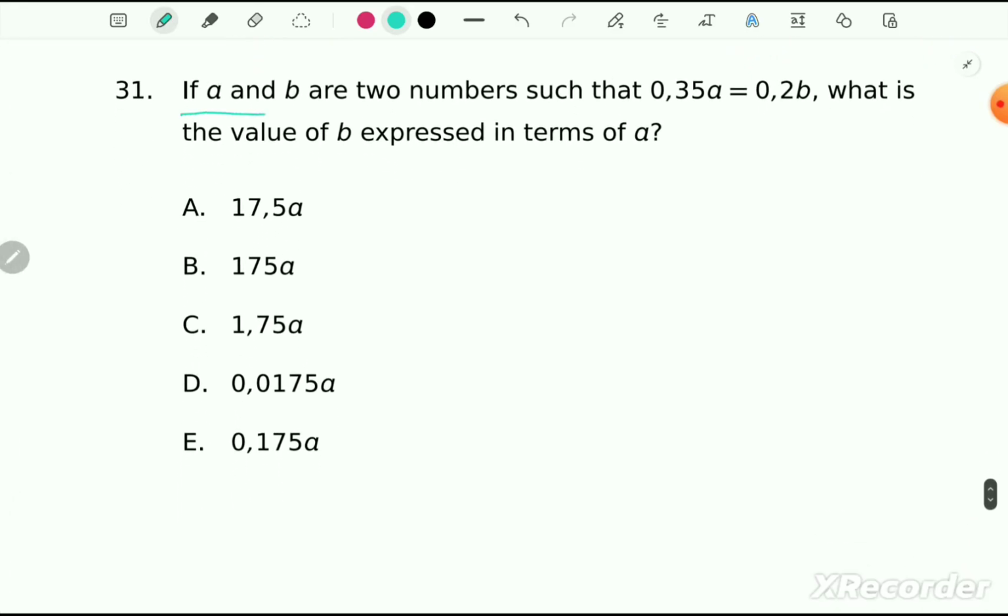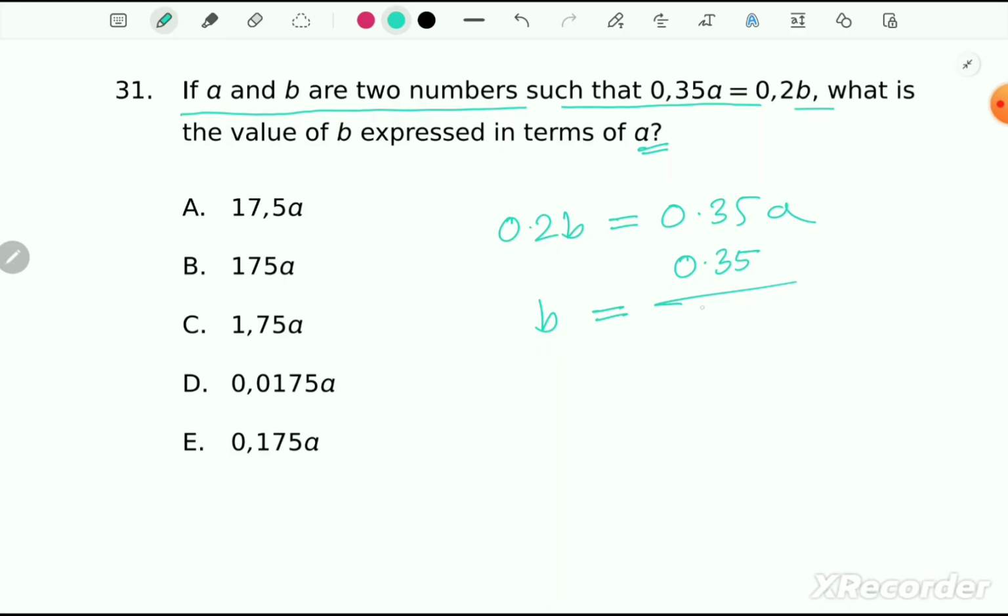If A and B are two numbers such that 0.35A equals 0.2B, what is the value of B expressed in terms of A? So I'm just writing it this way, 0.35A equals 0.2B. So we keep B on the left side, and according to the rules we can just change this way.